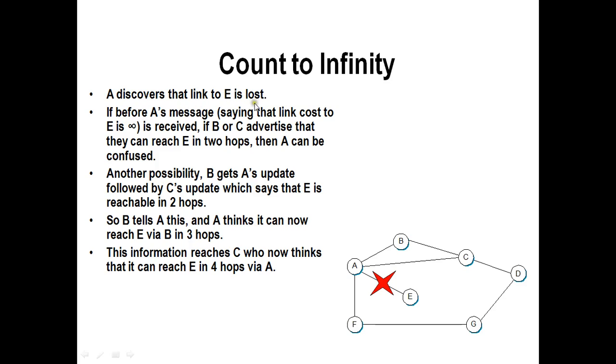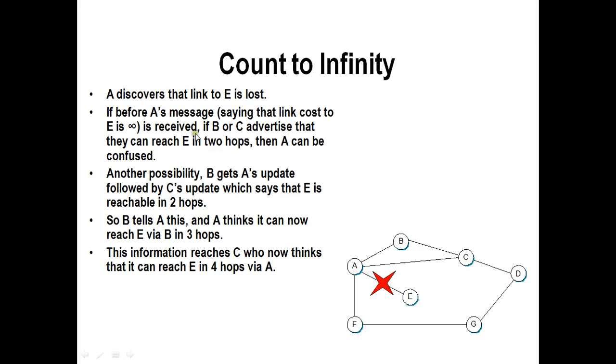A discovers that the link to E is lost. Before A's message is received, B or C advertise that they can reach E in 2 hops. See, B can reach E in 2 hops, and C can reach E in 2 hops. Those are the earlier updated tables through which B and C know that they are 2 hops away from E.